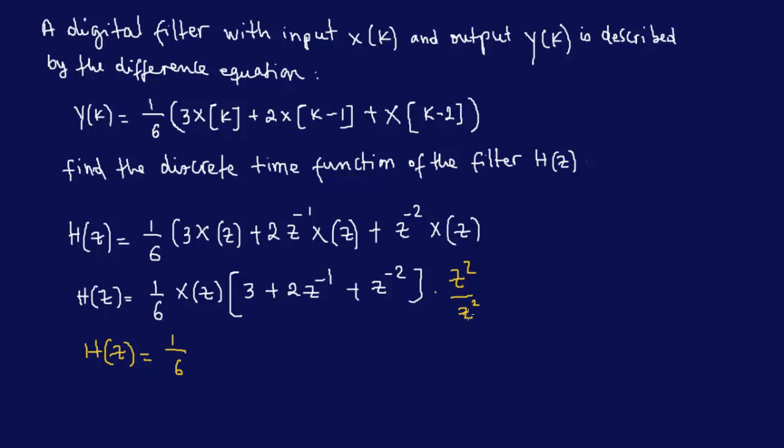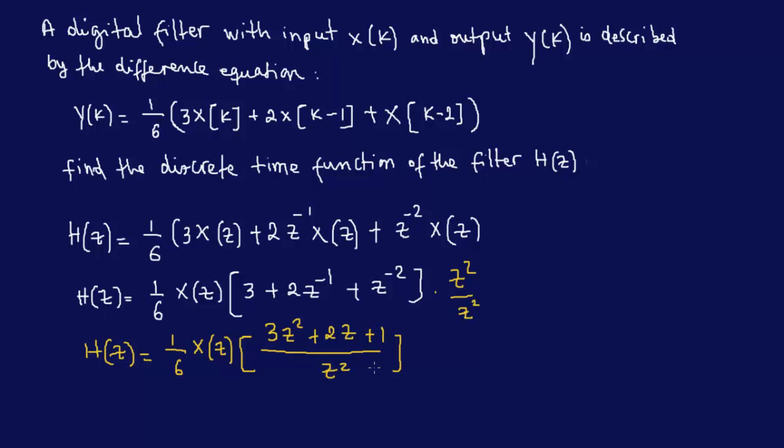So this is 1, and you're not changing anything at all. Then we have x of z times 3z squared plus 2z plus 1 over z squared.